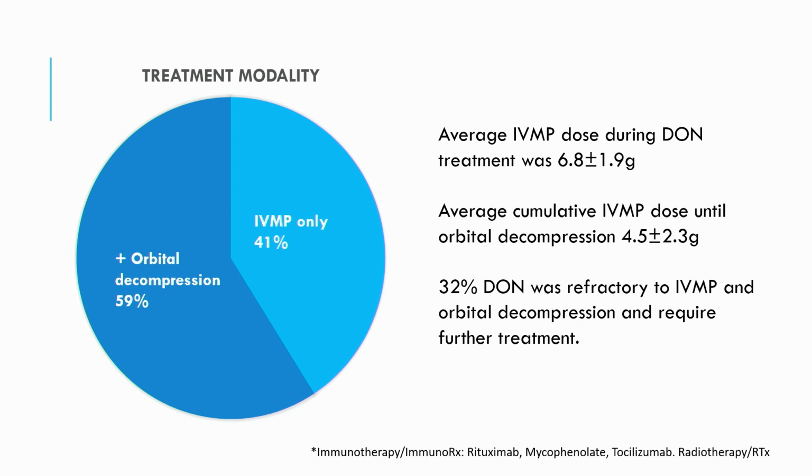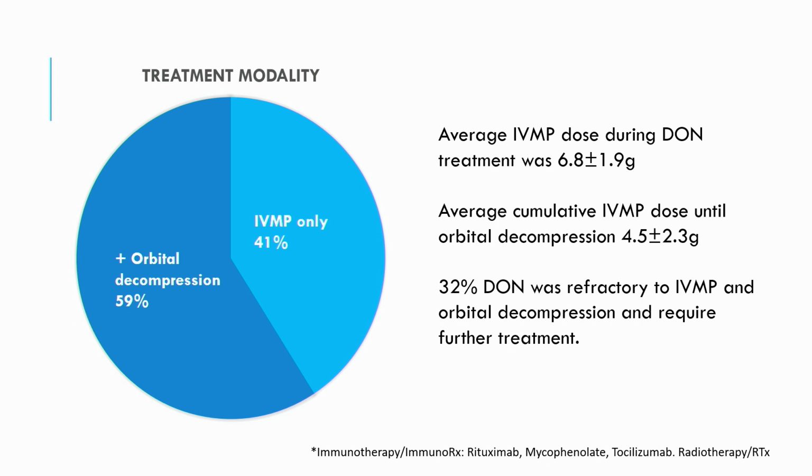The average cumulative dose of IV methylpred during DON treatment was 6.8 grams, so they had good ongoing treatment. And the average cumulative IV methylpred dose until orbital decompression was 4.5 grams.